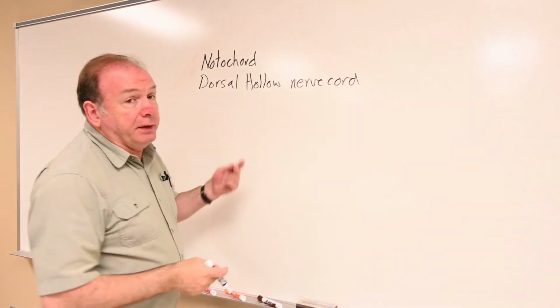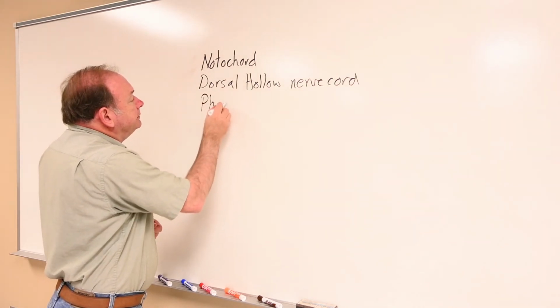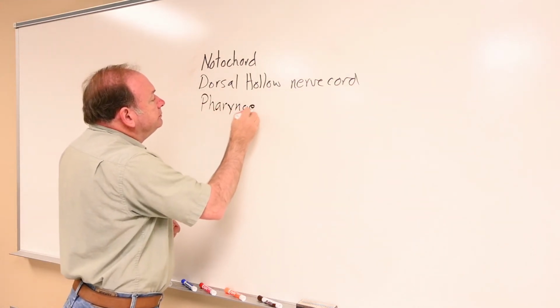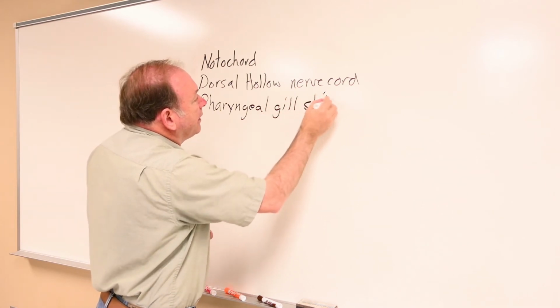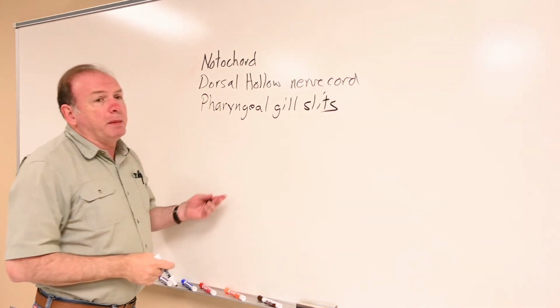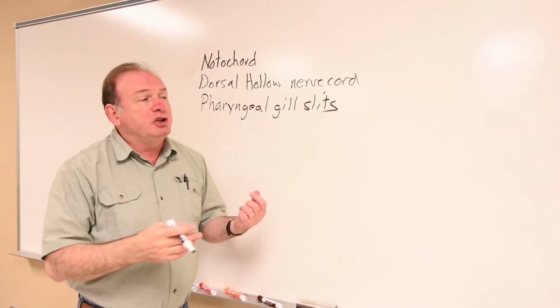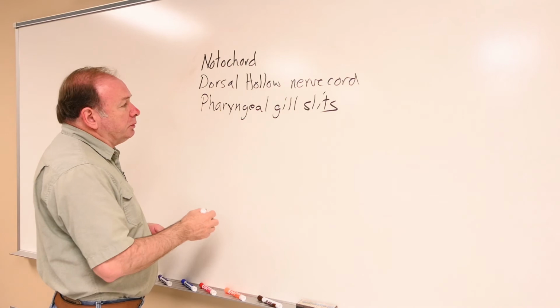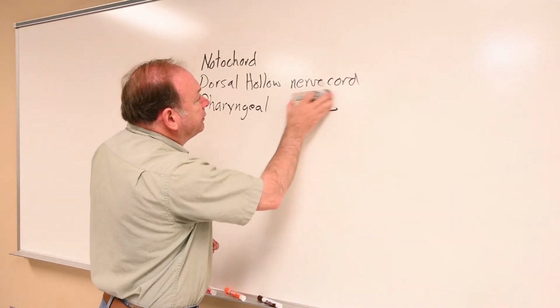So that's the second. The third is pharyngeal gill slits. Although that might be better described as an arrangement of pharyngeal arches, which is what I would prefer instead of gill slits, pharyngeal arches.